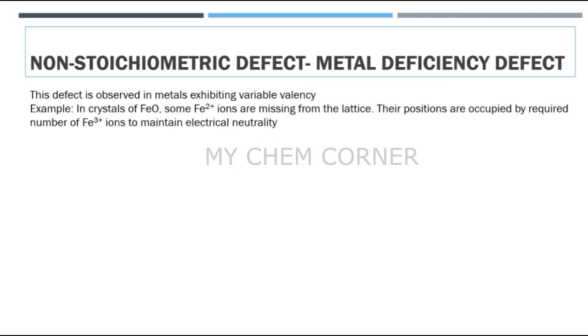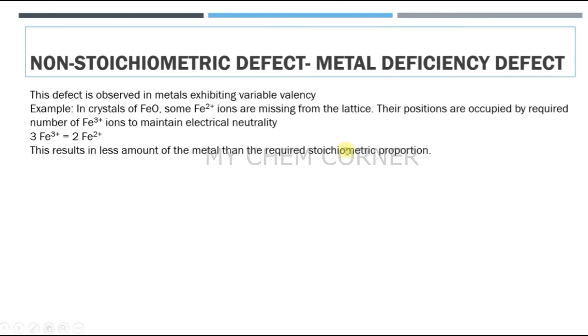When Fe3+ ions, which have higher valency, occupy Fe2+ positions, naturally there is a lesser number of cations. So less metal is present than is needed to maintain stoichiometric proportion.